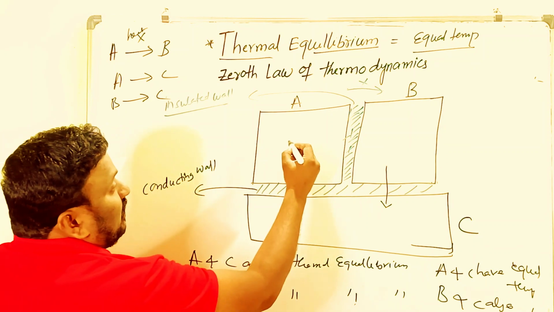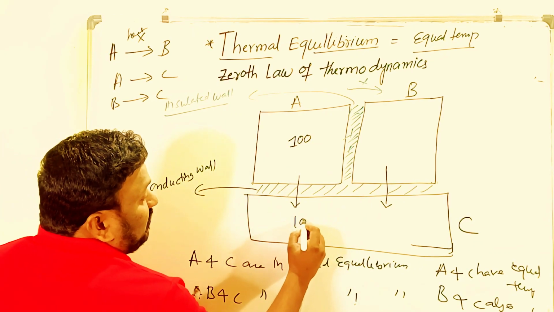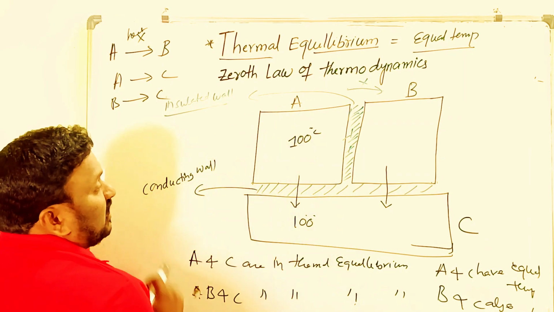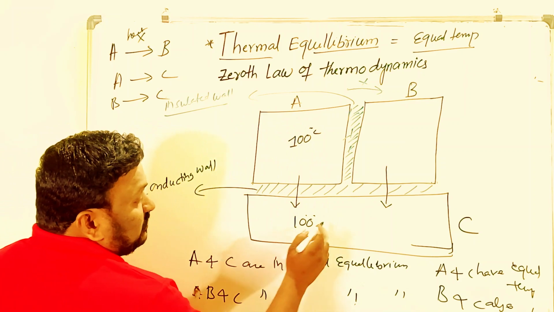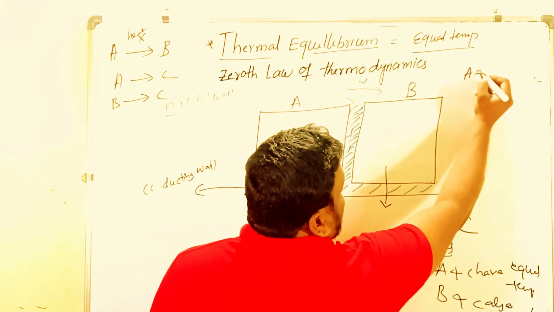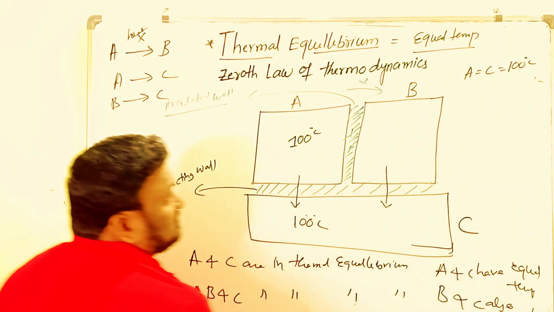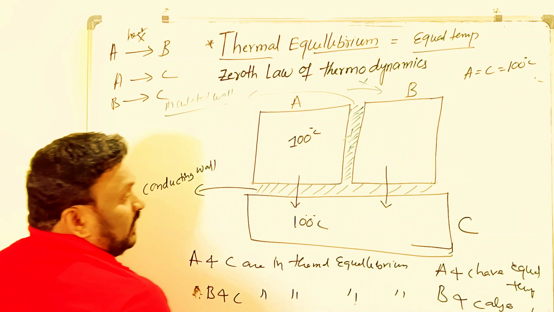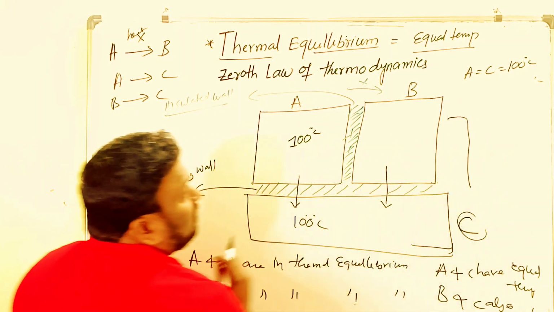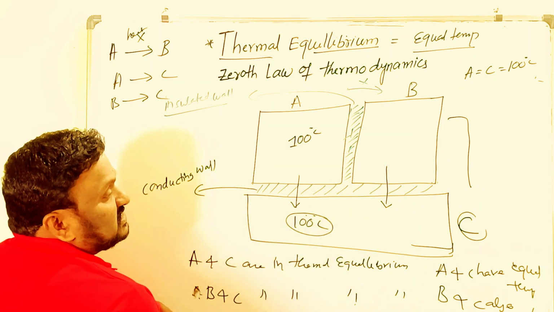For example, A and C are in thermal equilibrium. That means the temperature of A is 100 degrees Celsius and C is also 100 degrees Celsius. Here the temperatures of A and C are both equal, 100 degrees Celsius. Clear? Now B and C are also in thermal equilibrium. Already the temperature of C is 100 degrees Celsius.